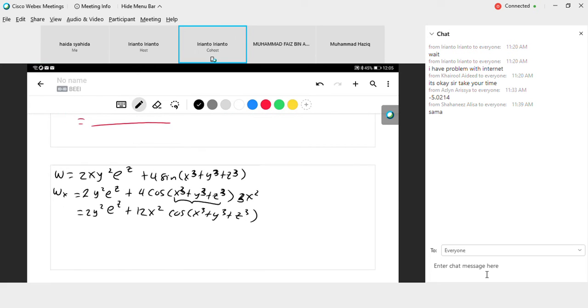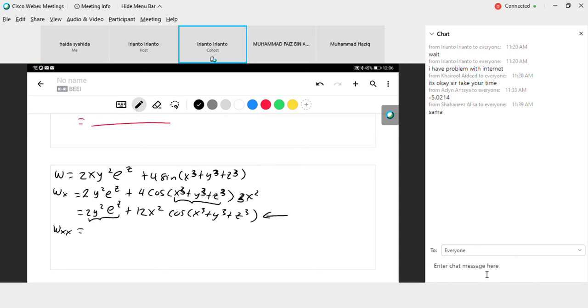Okay. Do you have any problem? No. Okay, now w x x equals. They're asking about w x x. Differentiate 2y square e to the z with respect to x. What will you get?